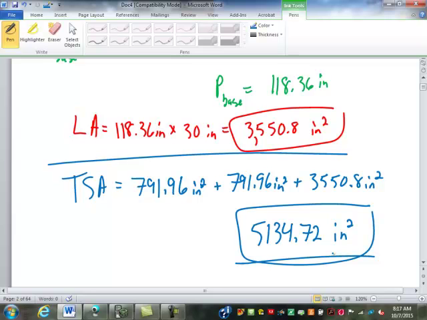That's why I define things the way I do, with volume being an area of a base times a height, and surface area being the area of the bases plus the lateral area. Because doing it that way, you can find the volume of any shape as long as you can find the area of that base. And you can find the surface area as long as you can find the perimeter of the base.